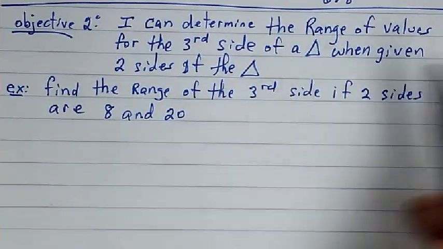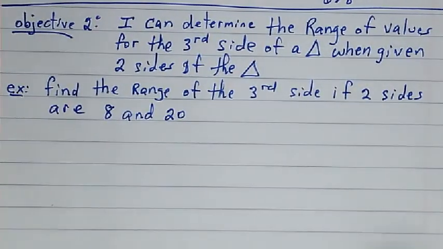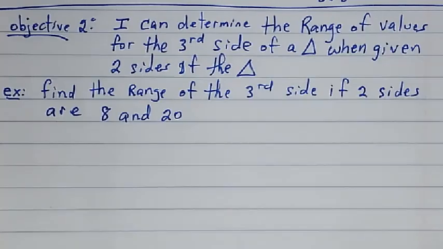So, would anyone like me to explain what it means when I say find the range of values? Yeah, listen, it means supposing Miss White was my daughter.